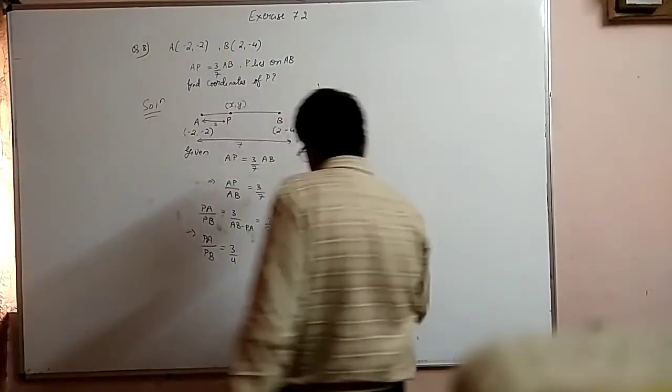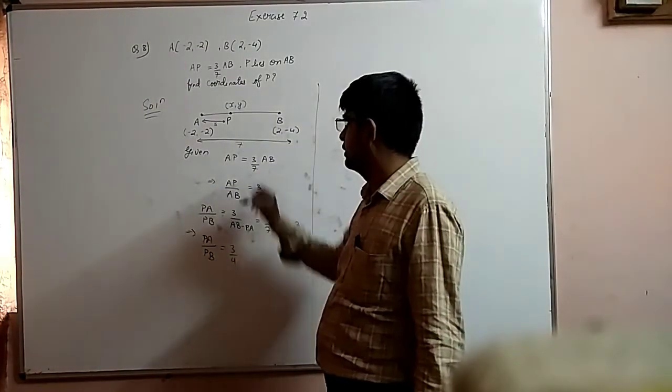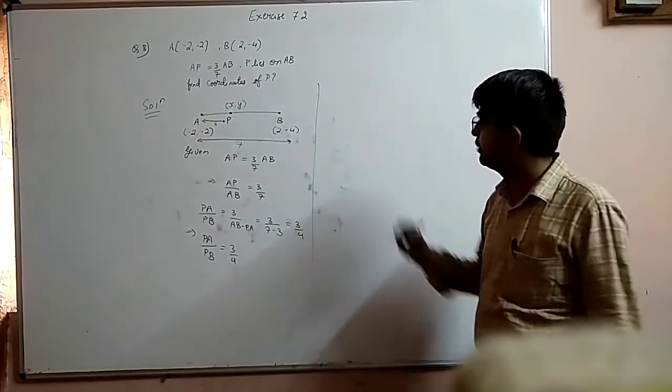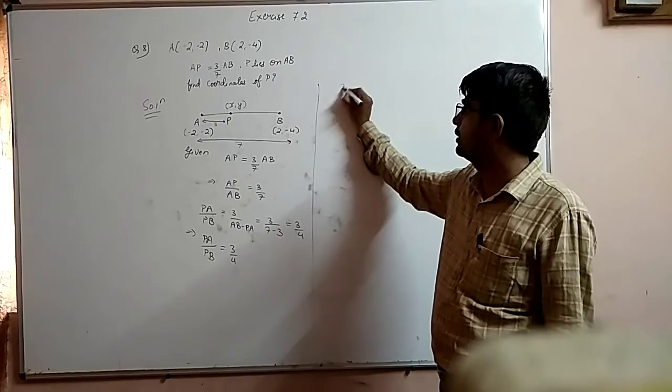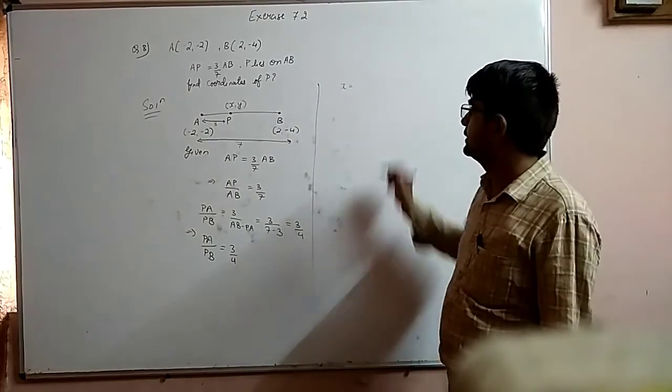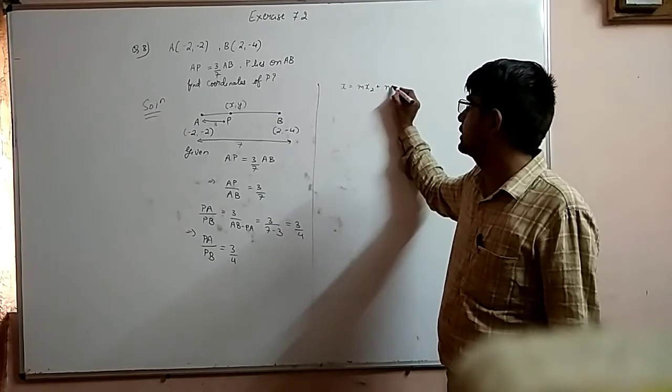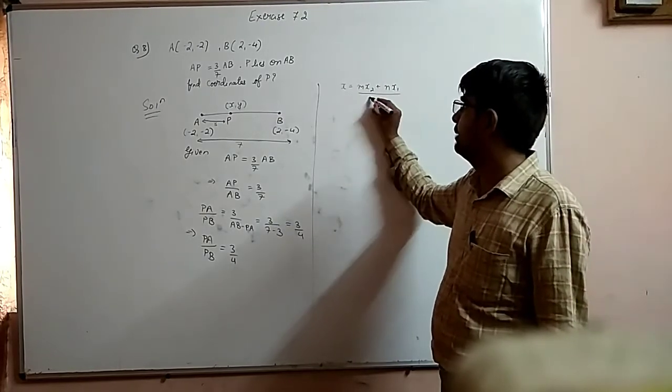What we need to find? Now we have m and n. We have x1, y1. We have x2, y2. We can easily find the coordinates of P. So therefore, what will be x? X is mx2 plus nx1 by m plus n.